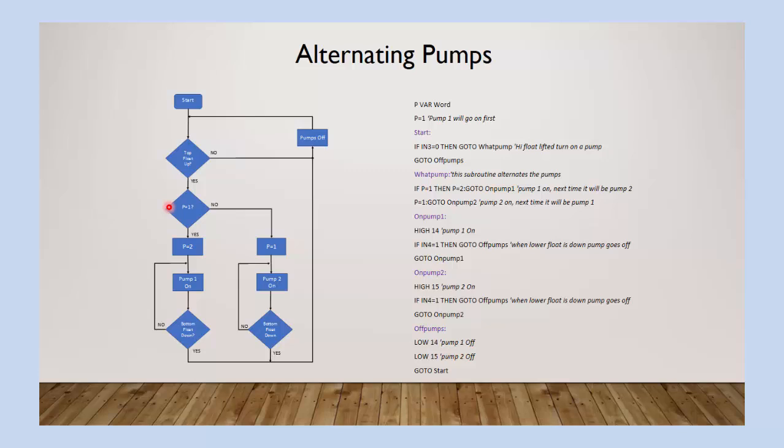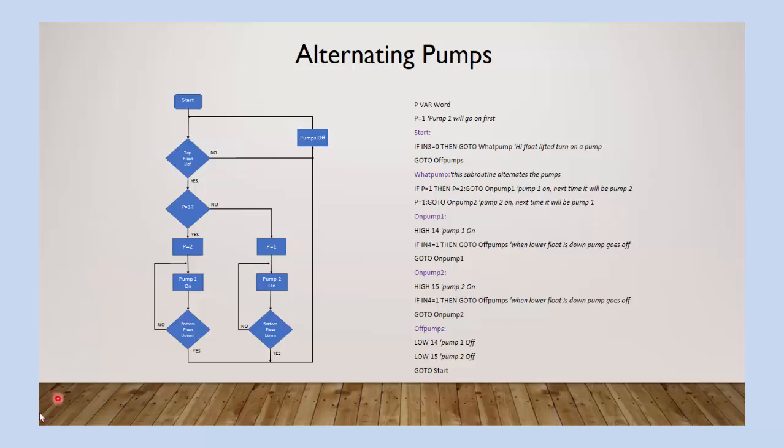P is our variable, and the value of P is going to determine if we're going to have pump 1 on or pump 2 on. Whatever pump we turn on will change the value of P, so that the next time around a pump needs to turn on, the other pump will go on.